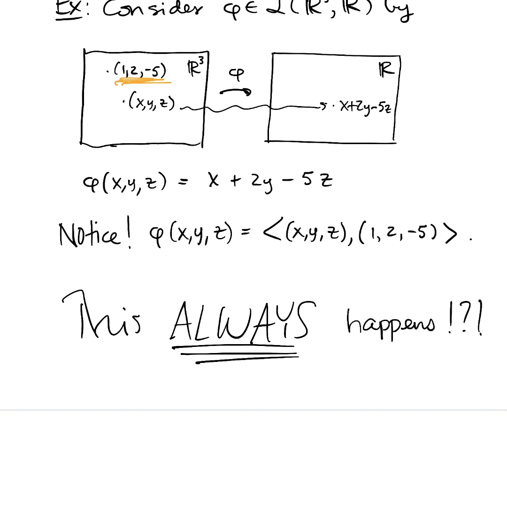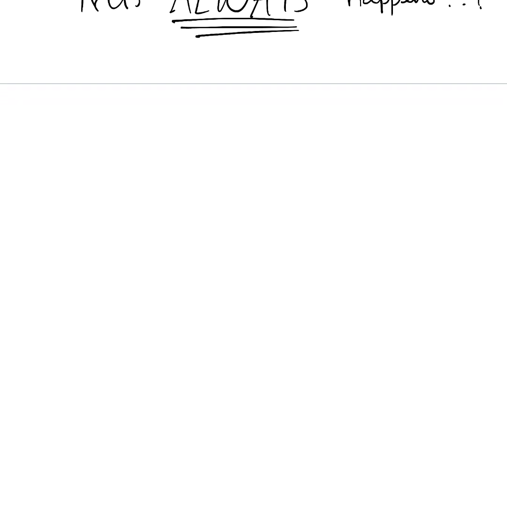Anytime you map an inner product space into the underlying scalar field, your mapping, no matter how crazy it looks, is simply inner product with some specific vector. And that's known as the Riesz Representation theorem. And that's our big prize for the day. So here's the Riesz Representation theorem.